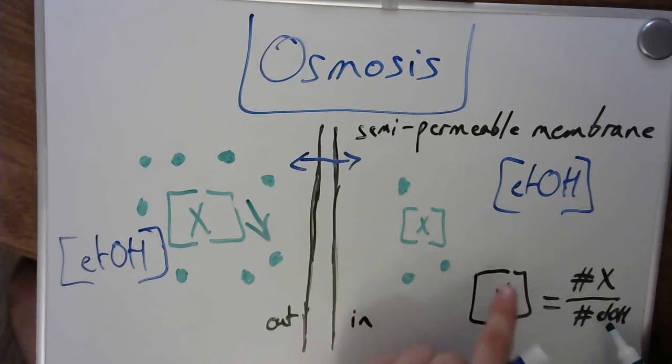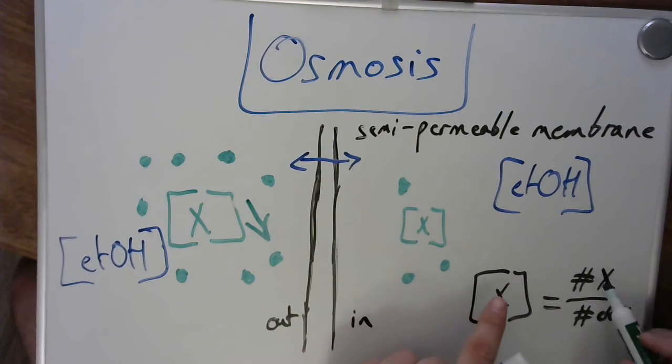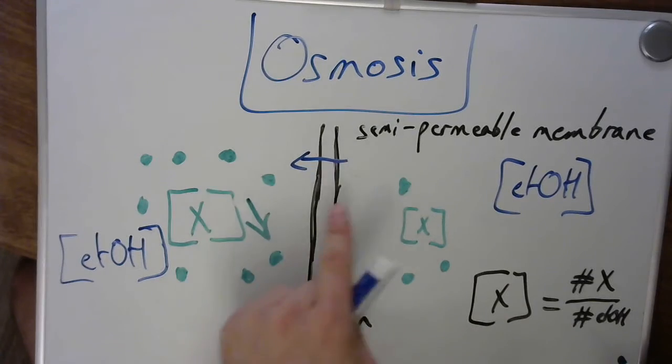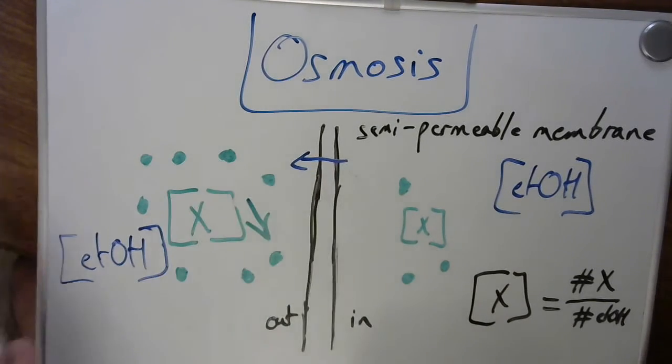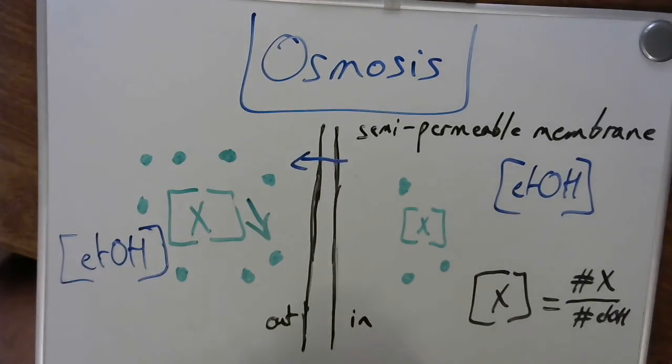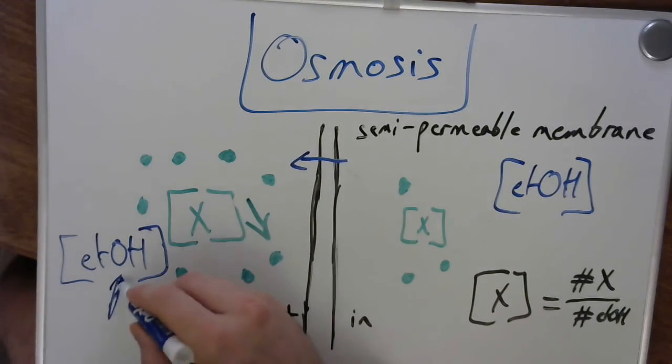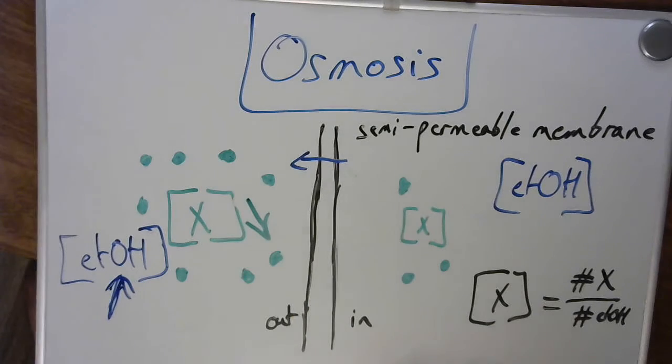That's the only way to get that smaller, because we cannot change the numerator, we're going to have to change the denominator. So we're going to have to increase ETOH outside, which means that ETOH is going to go out that way. Because it can move freely, that's going to increase that, and by definition, decrease this, right? So X is going to decrease outside.